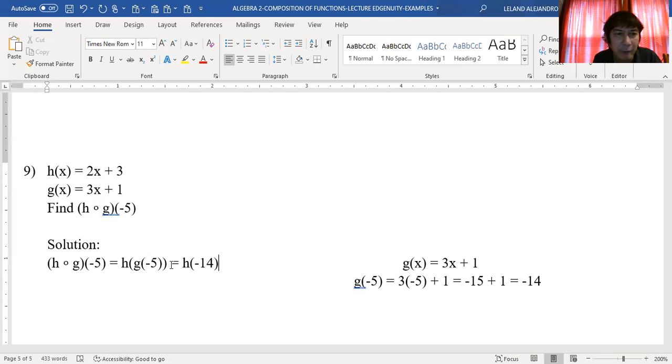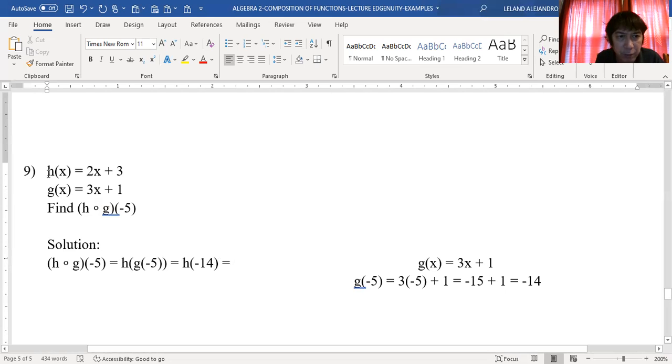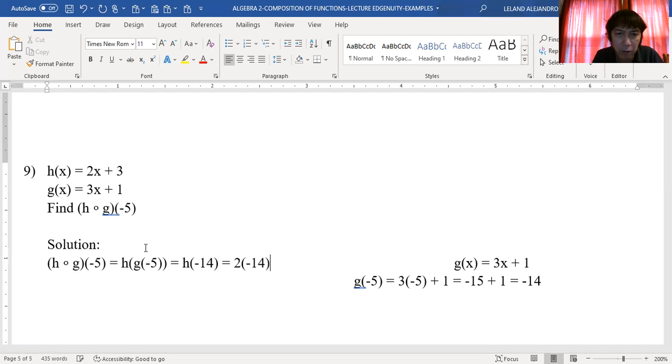We're now focused on the h function, where you see the x in the h function will be occupied now by the -14. So this is now 2 times, you have 2x plus 3, that means 2 times the -14 plus 3.